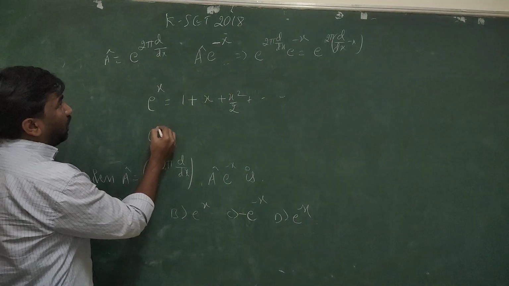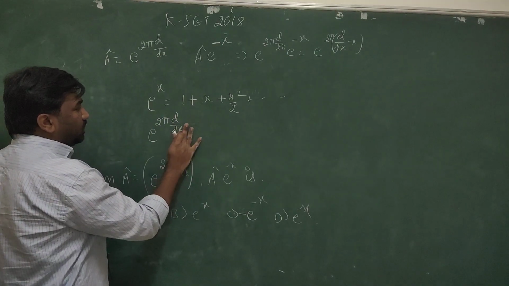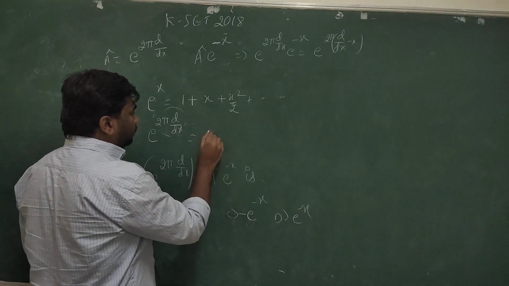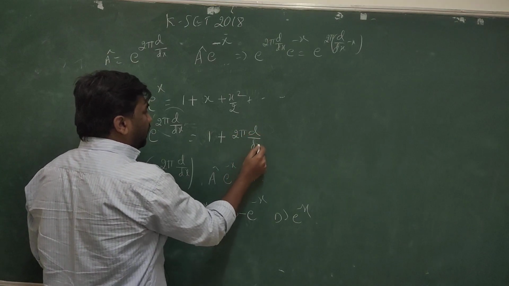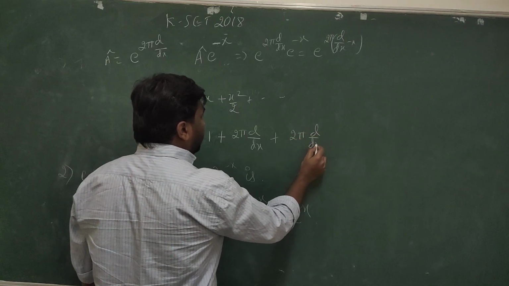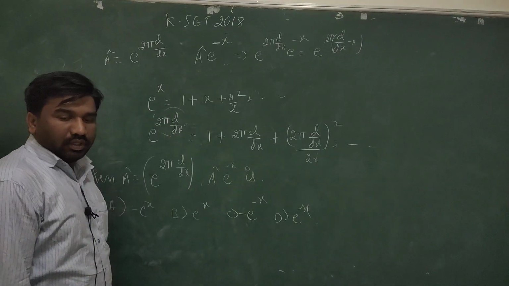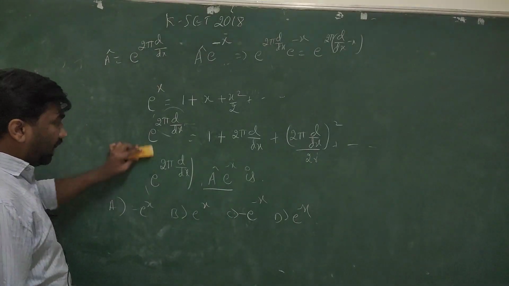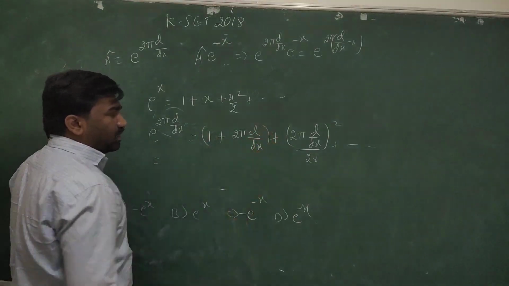So e power of 2 pi d by dx is just like e power x, which is equal to 1 plus 2 pi d by dx plus (2 pi d by dx) whole square by 2 factorial and so on. We are going to calculate A into e power minus x, so I am considering only the first two parts.